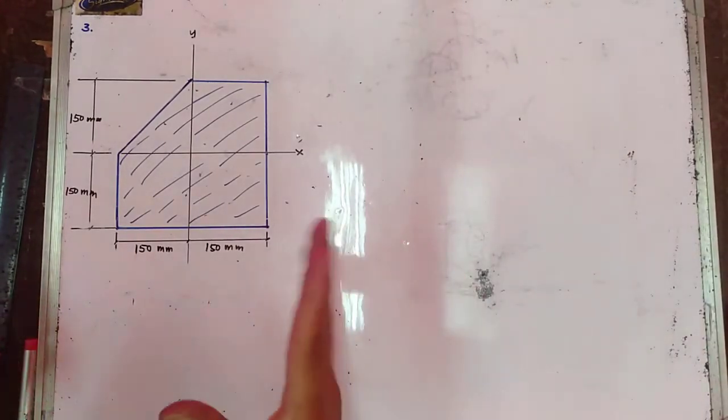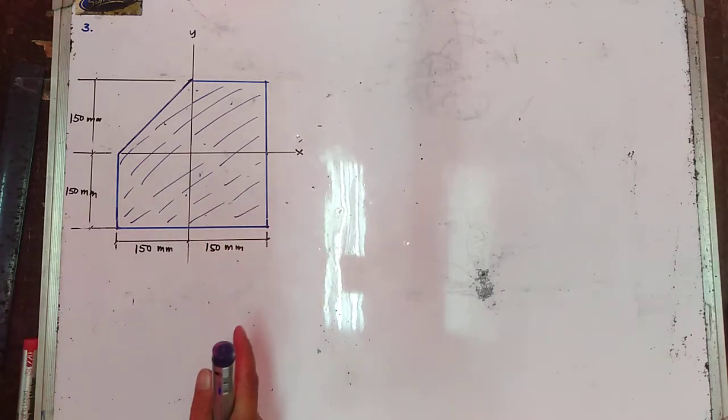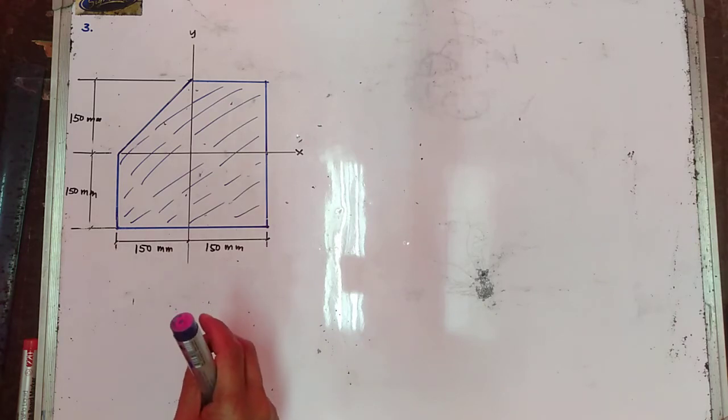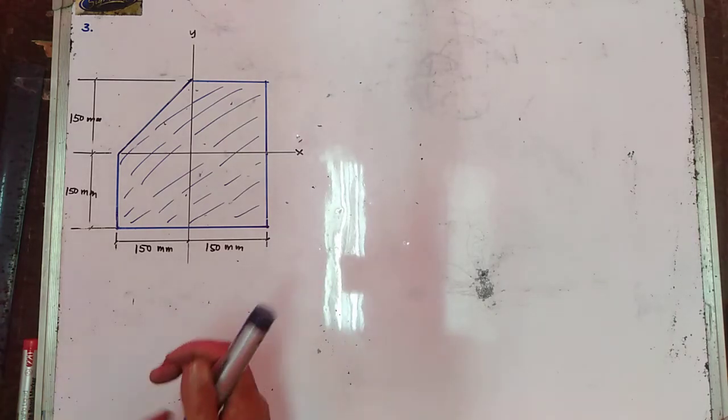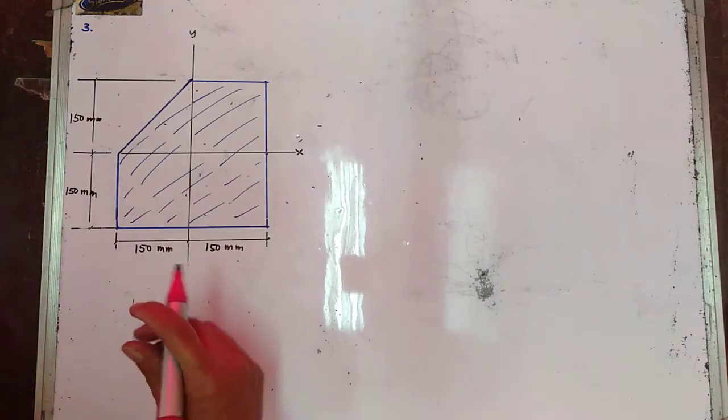Okay, next. Let's try to determine the moment of inertia with respect to the y-axis, or about the y-axis. Now, again, I'm going to divide this composite area into special geometric areas.